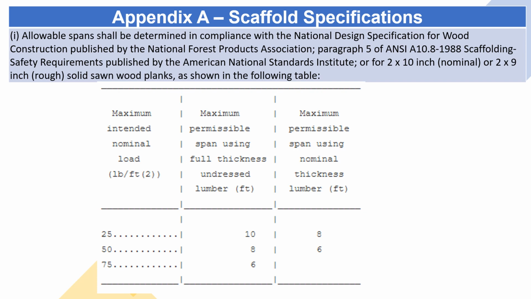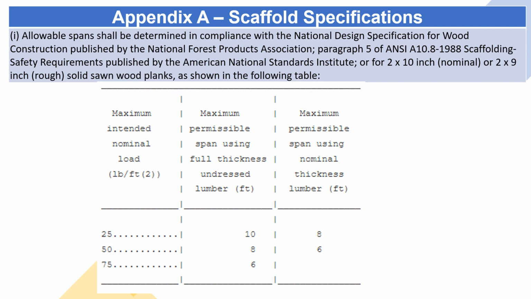or, for 2 by 10 inch, nominal, or 2 by 9 inch, rough, solid sawn wood planks, as shown in the following table. When the maximum intended load is 25 pounds per square foot, the maximum permissible span using full thickness undressed lumber is 10 feet, and the maximum permissible span using nominal thickness lumber is 6 feet. When the maximum intended load is 50 pounds per square foot, the maximum permissible span using full thickness undressed lumber is 8 feet, and the maximum permissible span using nominal thickness lumber is 6 feet.